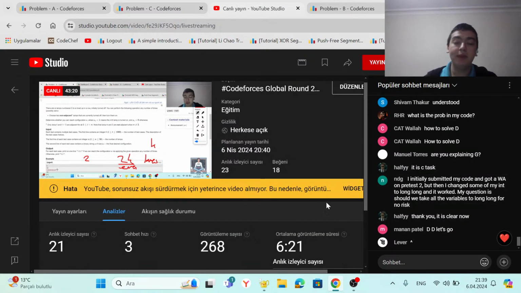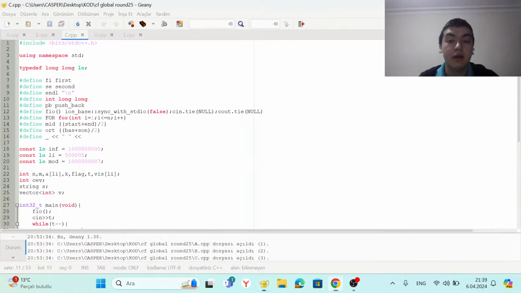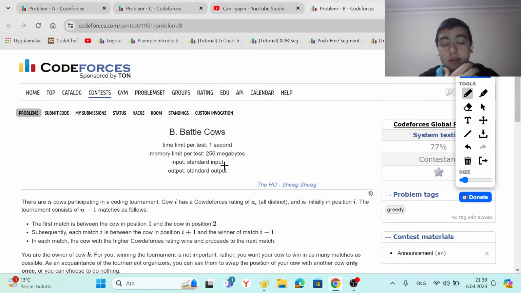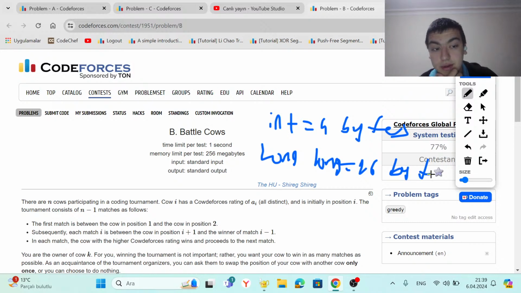This has some drawbacks, because long takes more memory in the system. If I'm not wrong, one integer is 4 bytes and one long is 16 bytes, as I know, but I'm not sure.